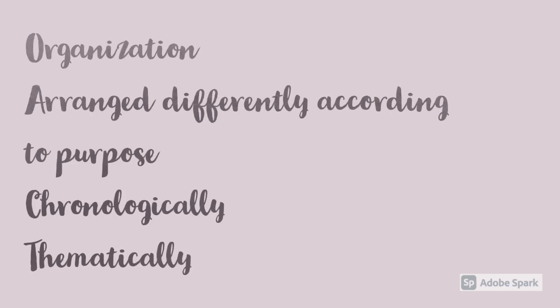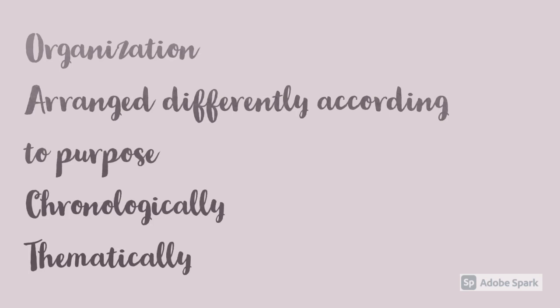Some letters are arranged chronologically, which means you just state what happens from day to day or over periods of time. For example, if it's a discharge letter, then you tend to group things chronologically and say he was admitted 2 weeks ago, what happened initially, and then how he got better, and then what kind of treatment was given.